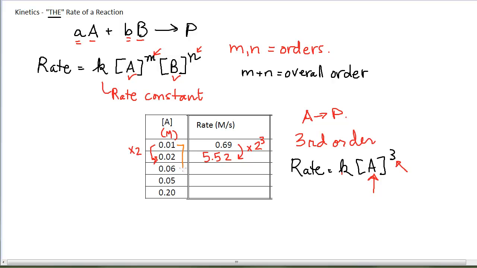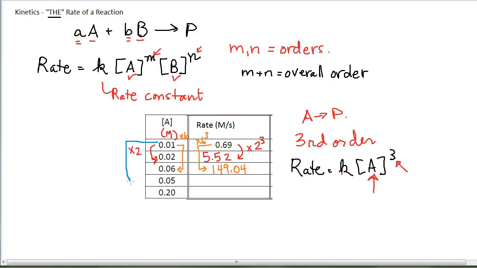If I change the concentration to 0.06, that means that I went up by 6 for my concentration. Then I expect the rate to go up by 6 cubed. So I'm looking at 149.04 molarity per second. Again, I'm not worrying about sig figs, I'm just writing the values down. Let me do the others quickly.